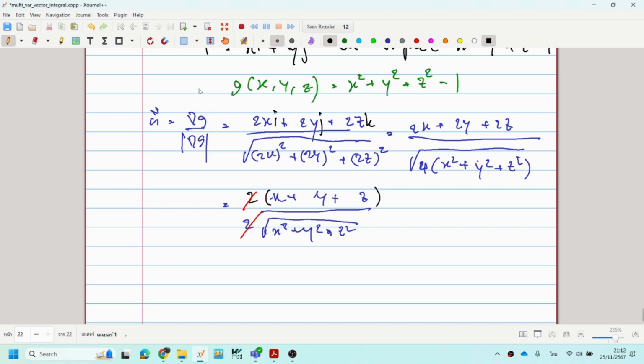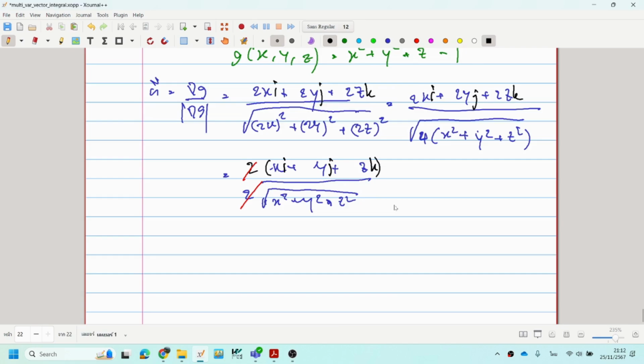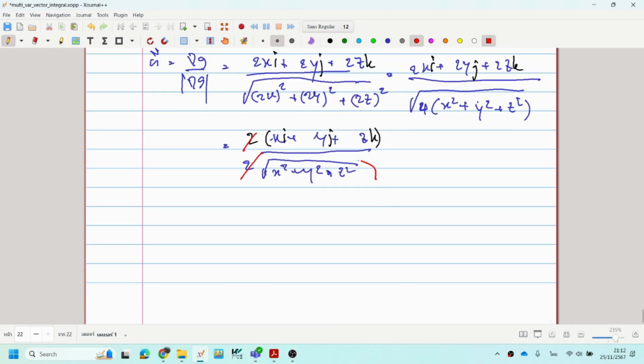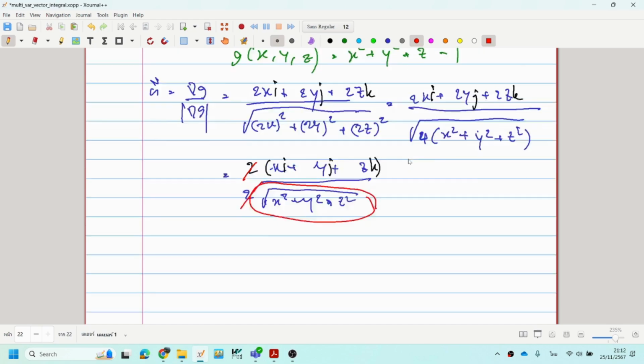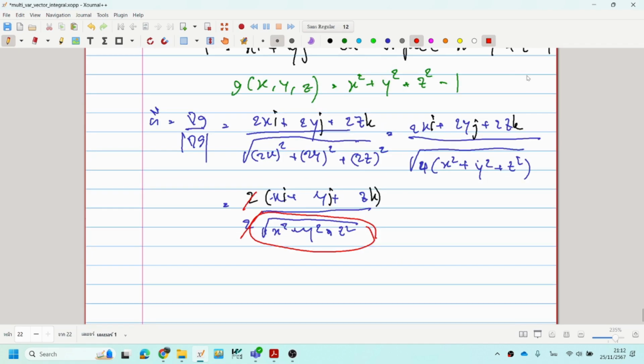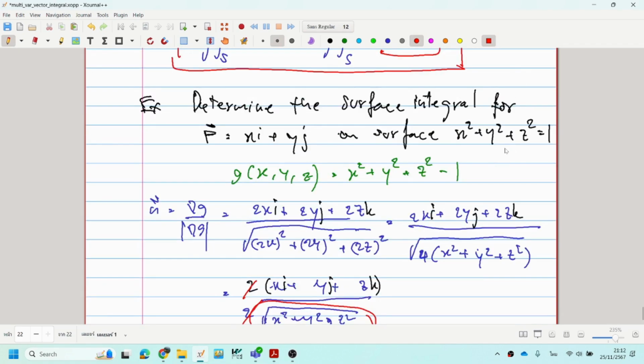The operator is the del operator, the operator of the vectors i, j, k. It's i, j, k, right? The below term is the square root of x square plus y square plus z square, and that becomes 1. This is the problem given: x square plus y square plus z square equal to 1.